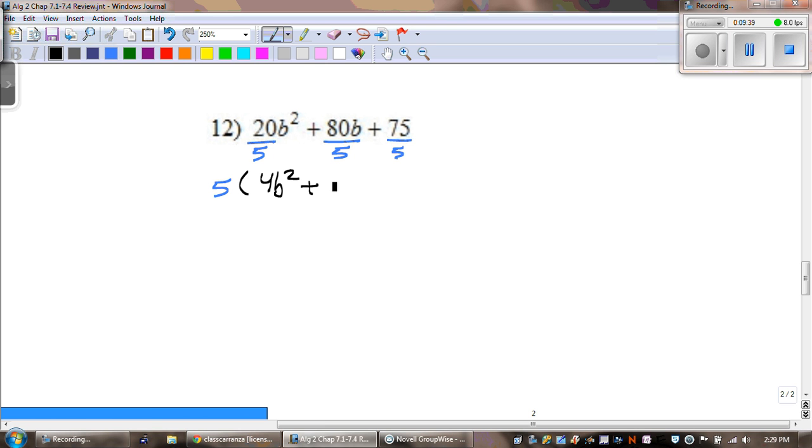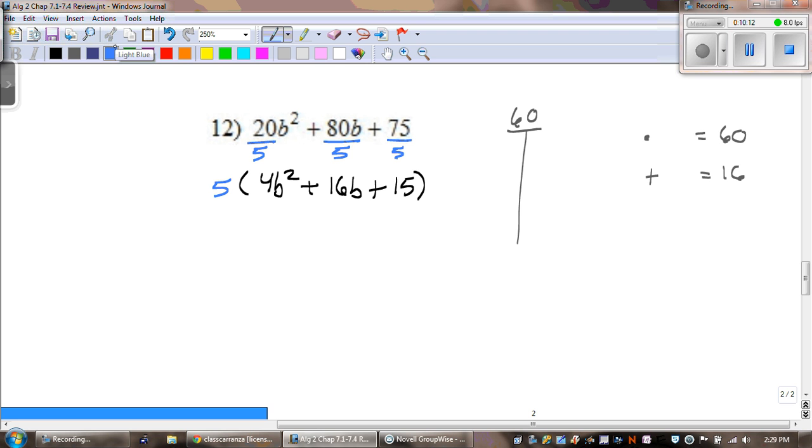Anybody got it? Should be 16b, plus 75 divided by 5 would be 15. Okay? And now the next thing we would do, 4 times 15, which gives us 60, and you'd be looking for numbers that multiply to get to 60 and add to get to 16.